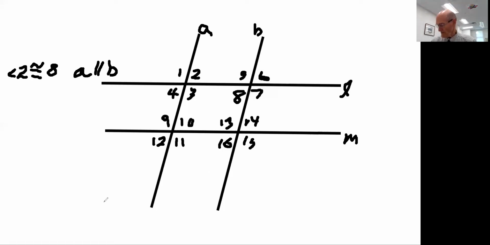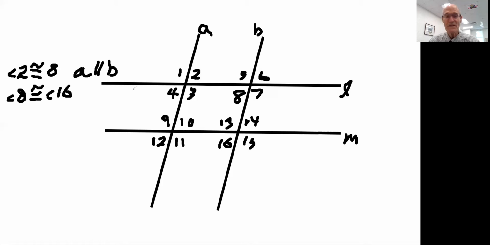So let's say now we have angle 8 is congruent to angle 16. Okay, now in this case, if you look, angle 8 and 16 are corresponding angles.